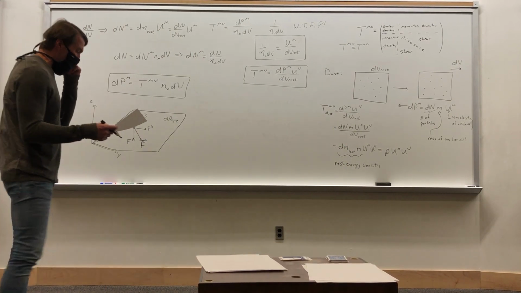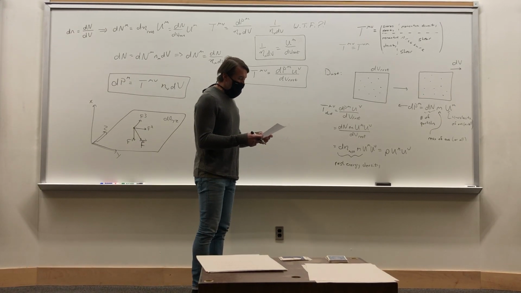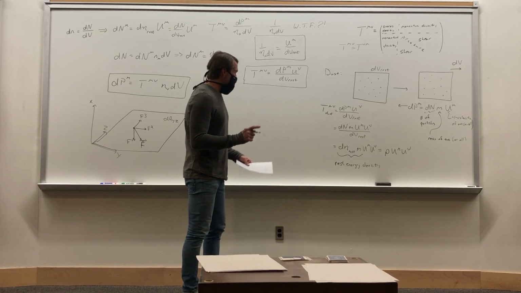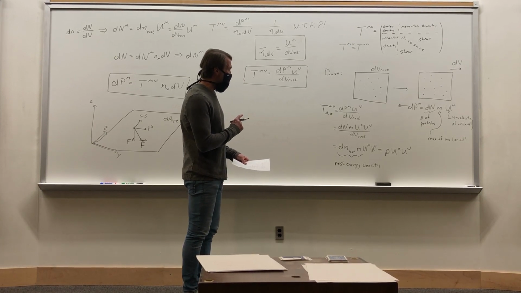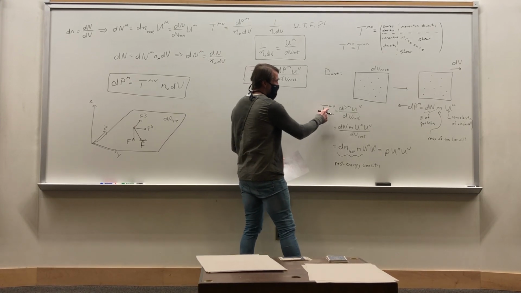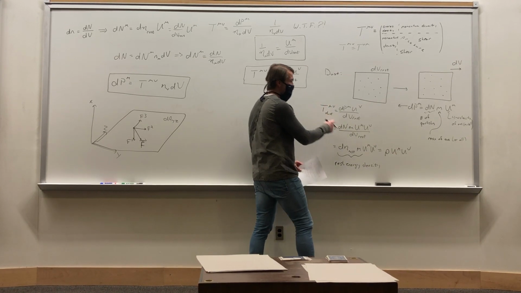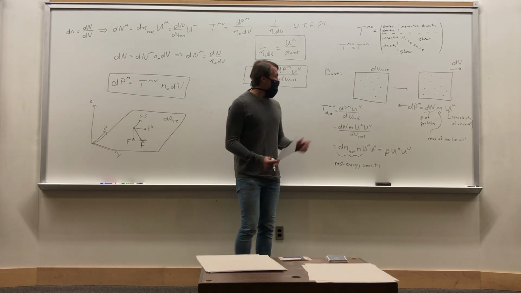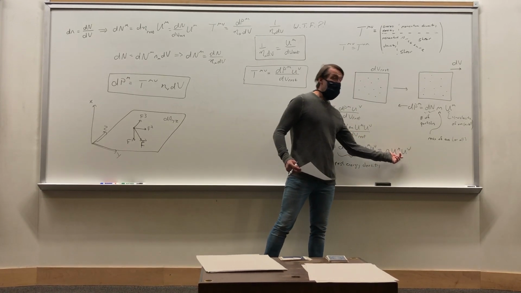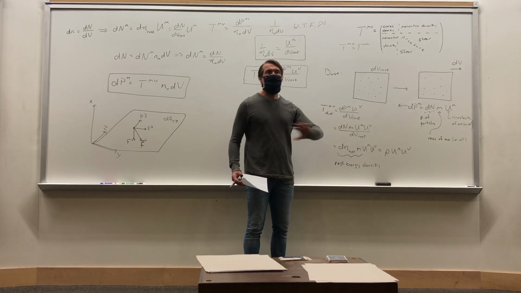Okay, now, well, here's a question. This definition involves two tensors, t mu nu and rho u mu u nu. Since this is a tensor and these are tensors, this equation is true in any frame.